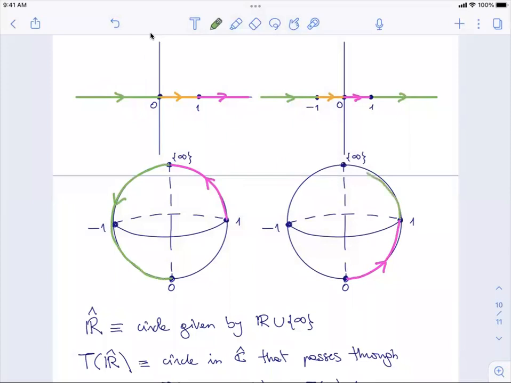So it gets mapped here. All right, you see why it looks like it has two pieces? It looks like two pieces because the point of infinity is so far away. Okay, but in the Riemann sphere, it has only one piece. And then we have the last part, the orange one, that goes from 0 to 1. Okay, from 0 to 1, that gets mapped to -1 to 0.